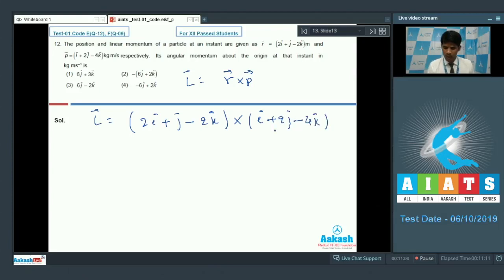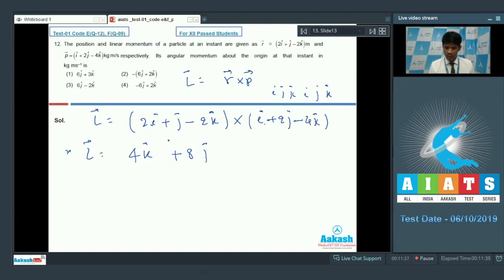You must be knowing about the cyclic nature of this cross product, ijk, ijk. L here, the cross product of this portion will come out to be 0. Cross product of i cross j will be k, so 4k here, and this is minus 8 2i minus 4k, and here i cross k will be minus j.